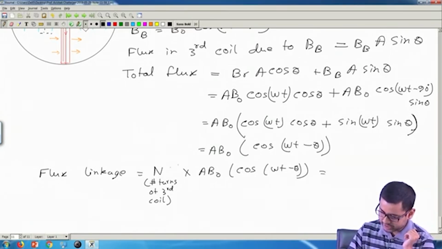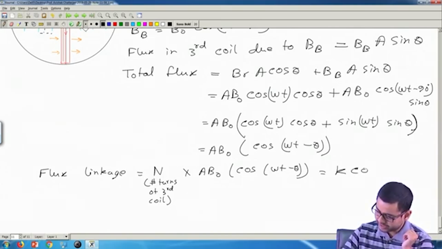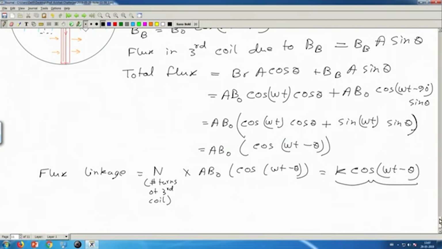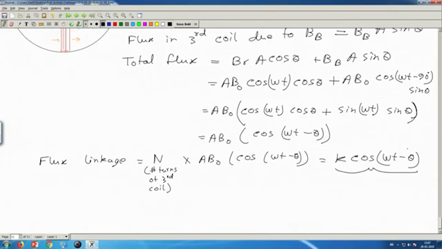So all together I can take this as a constant k, because the number of turns is a constant, area is constant, B0 is a constant, so we can write this as k cos(omega t minus theta). And this is a changing quantity.